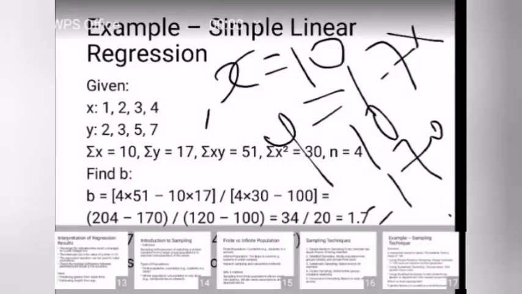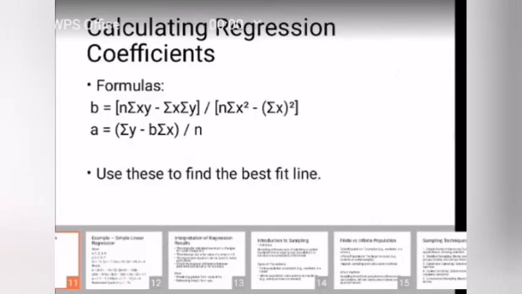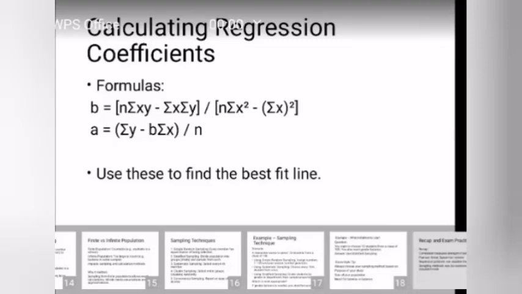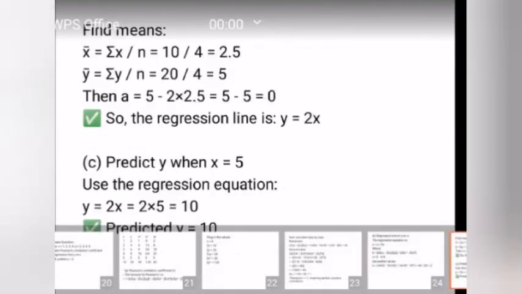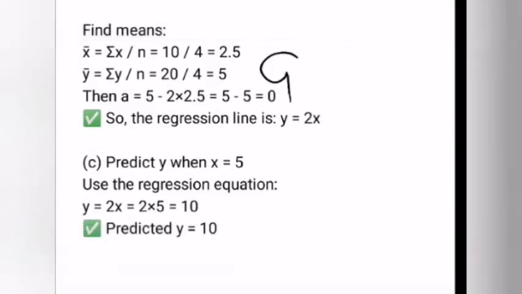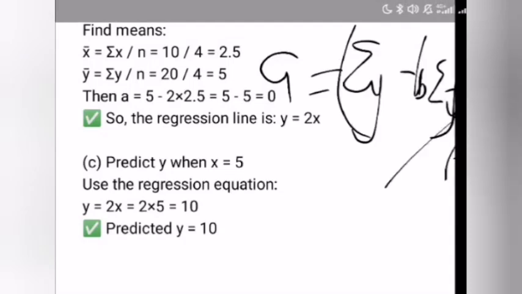Which is sigma y, I think. Yes, let me write it out here. Where is the slide? So we have a is sigma y minus b, sigma x over n.